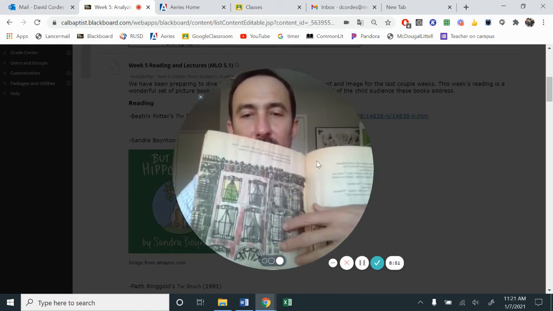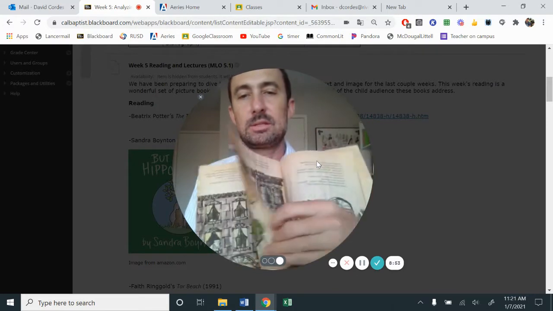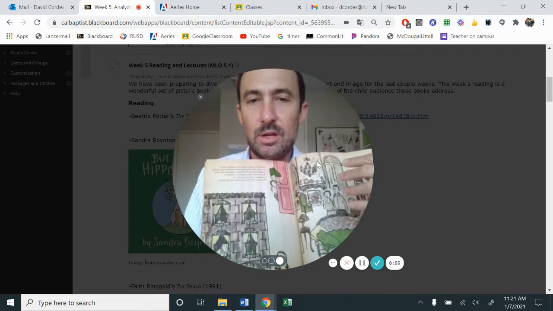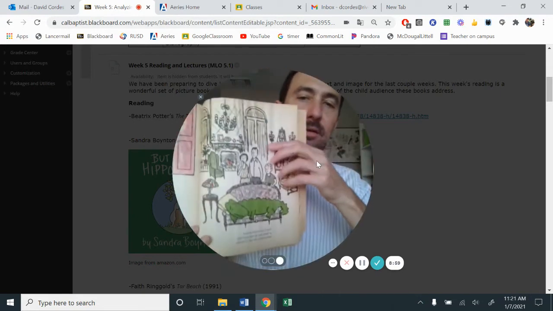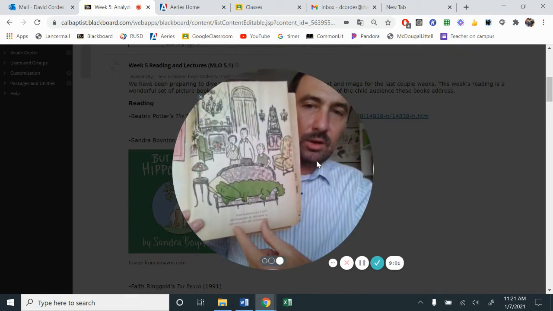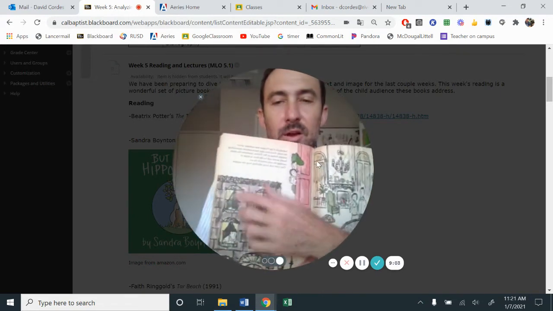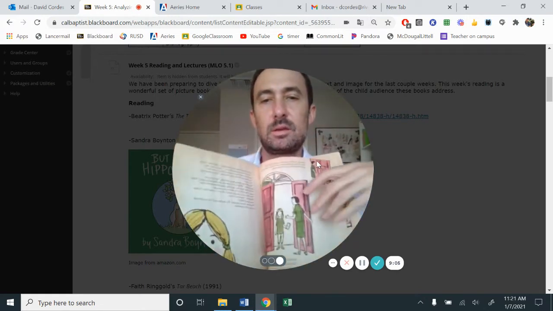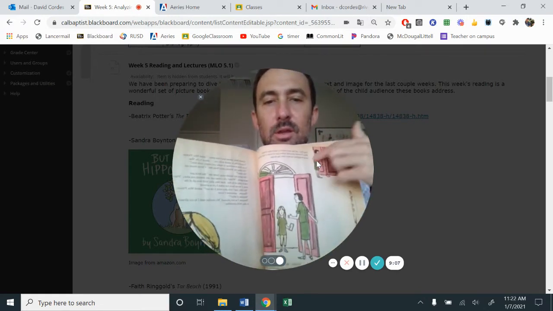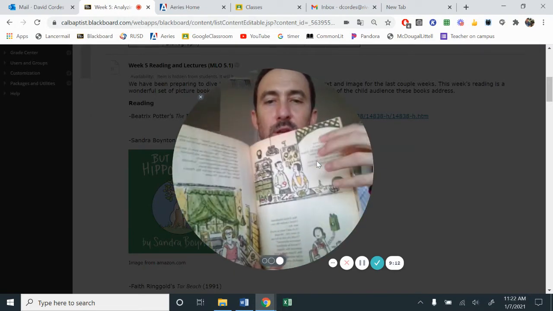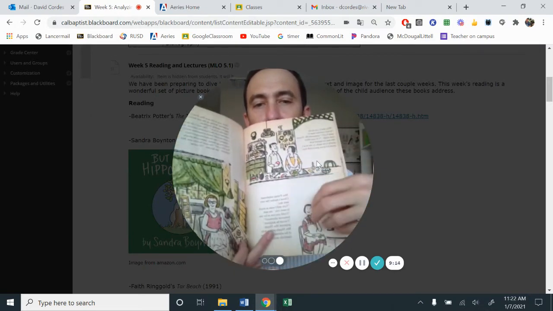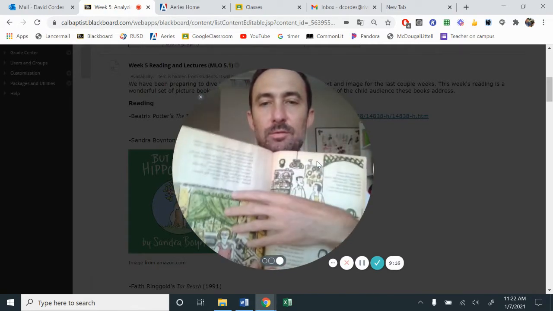So when I'm looking at this, perhaps you can see there are things I've already noticed. Some of the pages have the text down here at the bottom. Some of them have it off to the side. It's placed within the story. So you have an incorporation of story and image, back and forth.